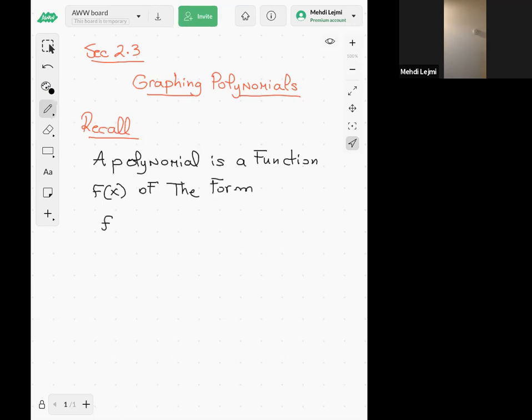So f of x: we have powers of x. We have x to the power n, and of course there's some number in front of x to the power n. Then the next power would be n minus 1, so you decrease the power by 1, etc. And there's a number in front of x to the power n minus 1, etc. The highest power of x, the n, is called the degree.